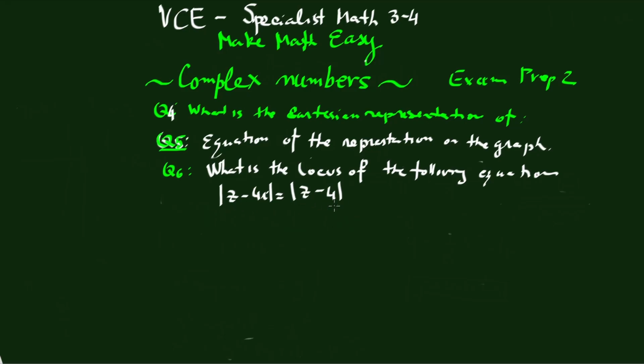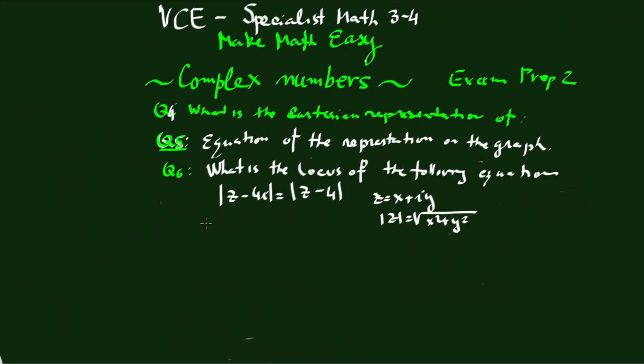So how do we resolve that? What's z? We need to evaluate it, and we need to use this formula: the absolute value of z is the square root of x squared plus y squared.